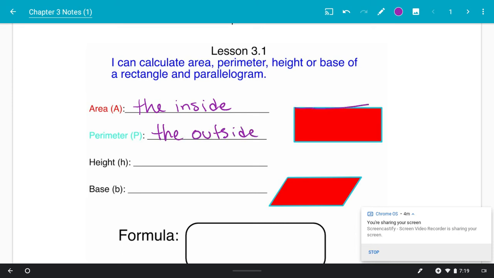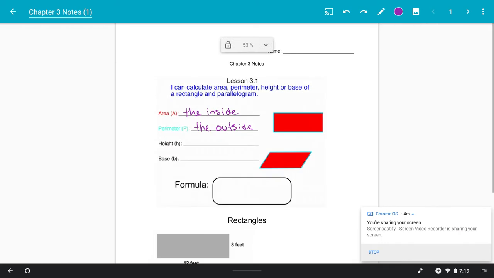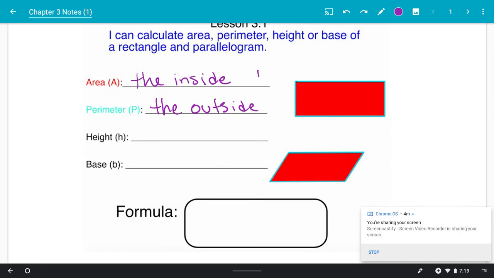It's this blue outside line. That's why it's blue. Area is measured in units squared. So it'll be like inches squared, centimeters squared, feet squared. Perimeter is just inches, centimeters, and feet.